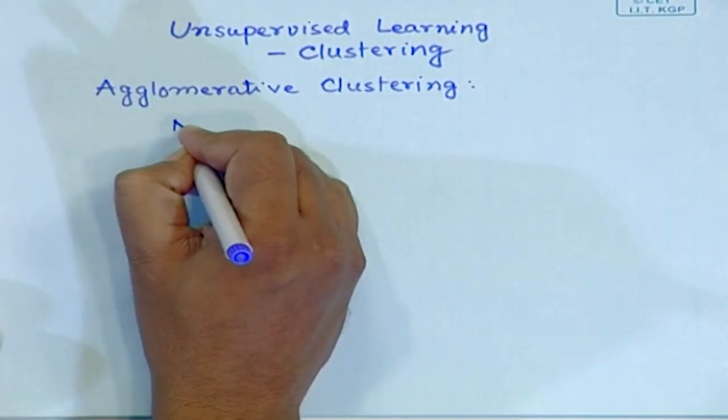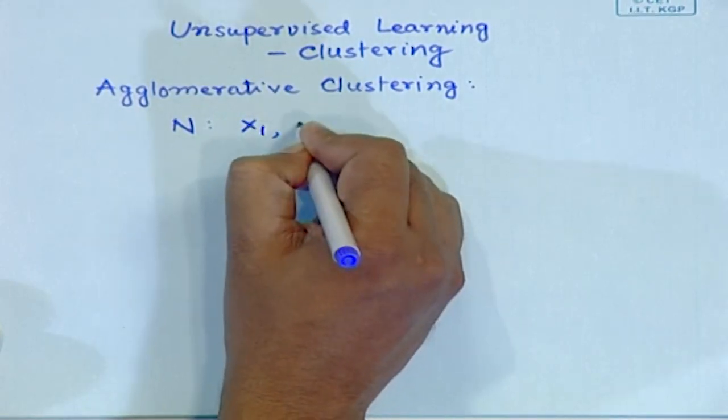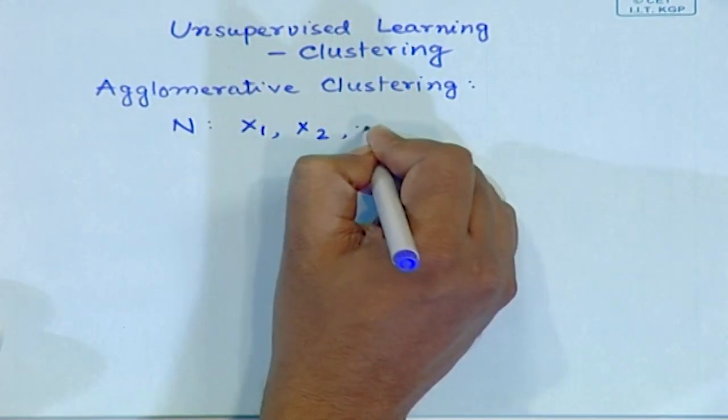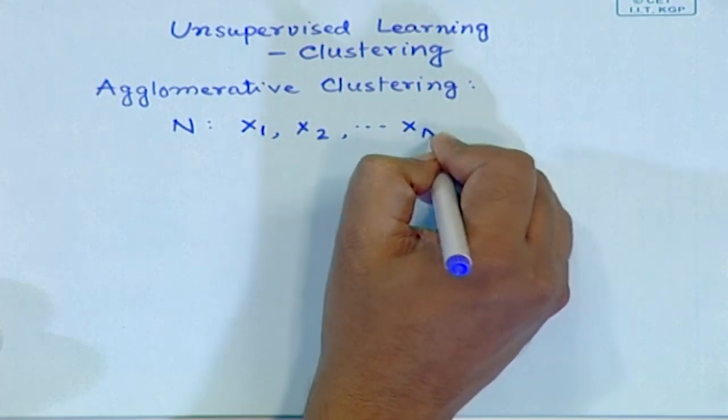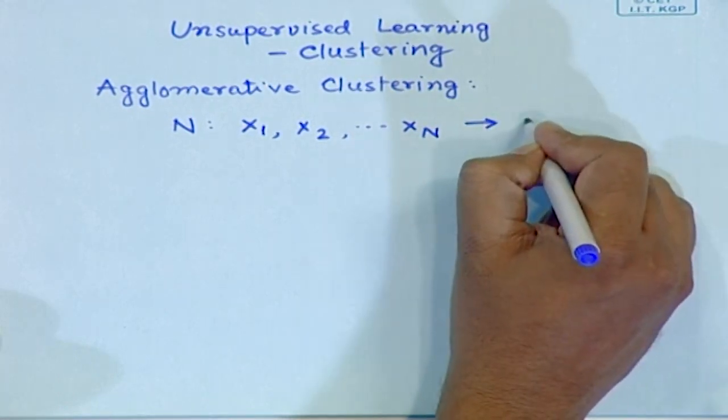Whenever we go for, let us take initially the bottom up approach, initially I have n feature vectors. The total number of feature vectors which are given is capital N, which I can mark as x1, x2 up to xn. Every feature vector will be of dimension d.